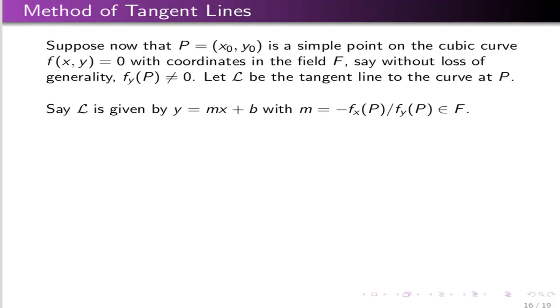Now, in the method of tangent lines, it's very similar, except instead of starting from two distinct points, we just start from a single point, draw a tangent line to the curve, and intersect it to find a new point.